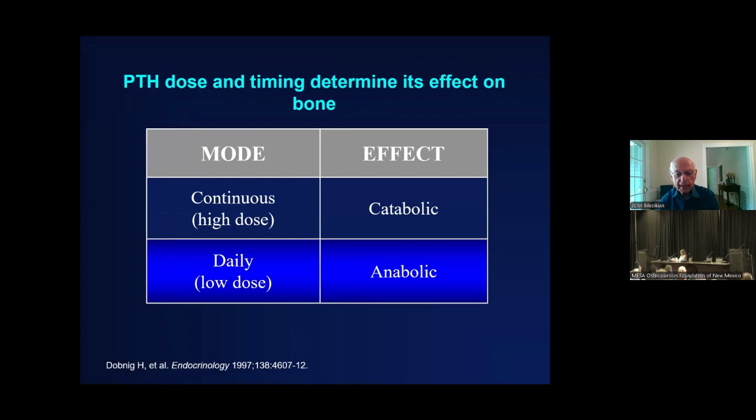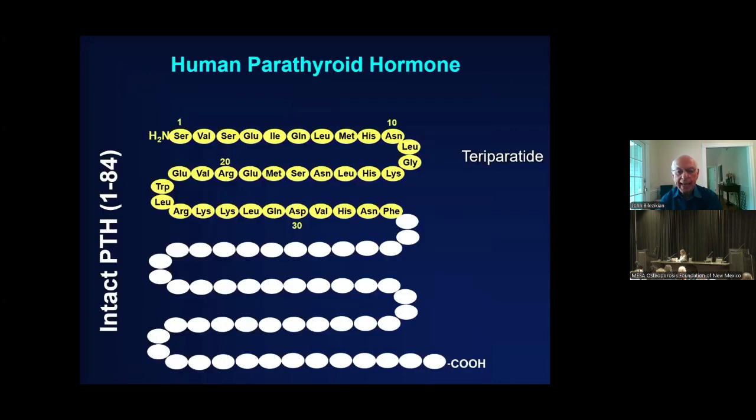But when given daily in low dose, it is anabolic. Now, Bob Marcus will remember and correct me that it wasn't Harold Dobnig who first showed this, but actually Fuller Albright and Hans Selye in the 30s actually appreciated the anabolic potential of PTH, which is hard to imagine because in those days, PTH was considered to be bad.